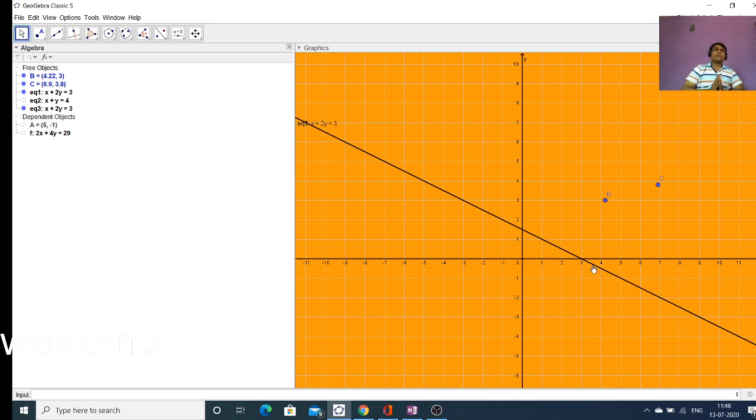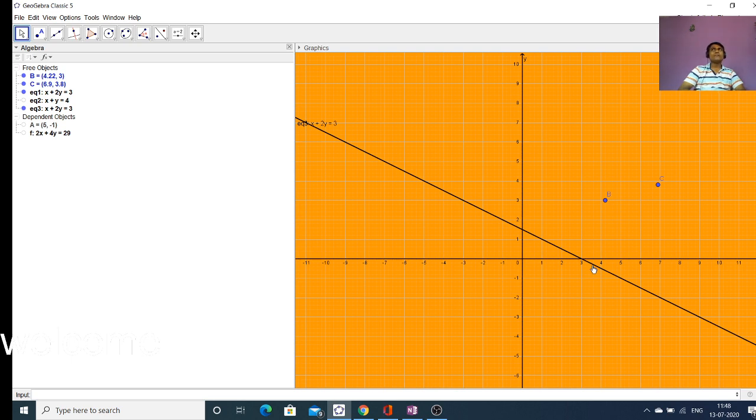If there are two lines, what is the nature of them? The lines may intersect, we call them consistent, they have a unique solution, one point in common. And if the lines intersect, the condition for consistent and unique solution is a1 upon a2 not equal to b1 upon b2. And if inconsistent, they are parallel, with no common solution.